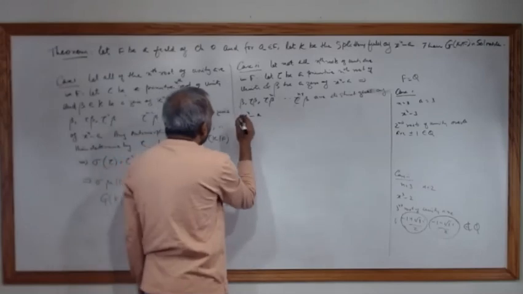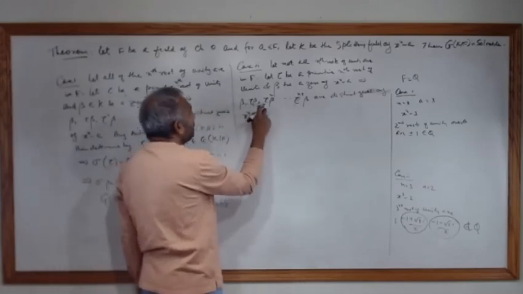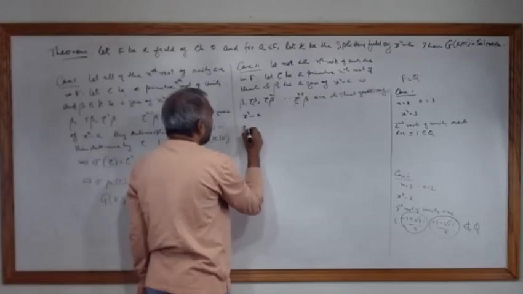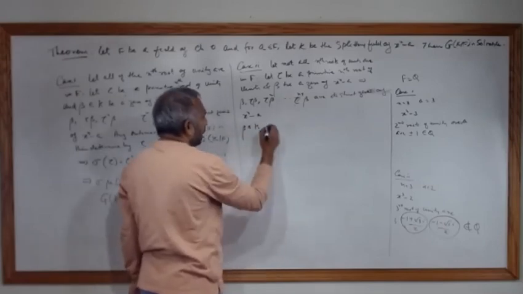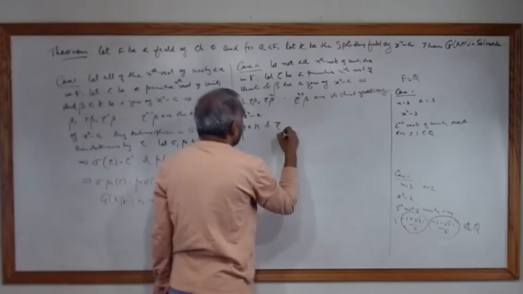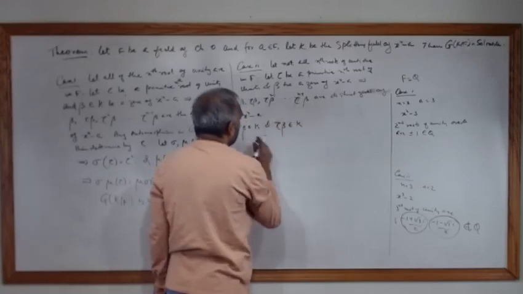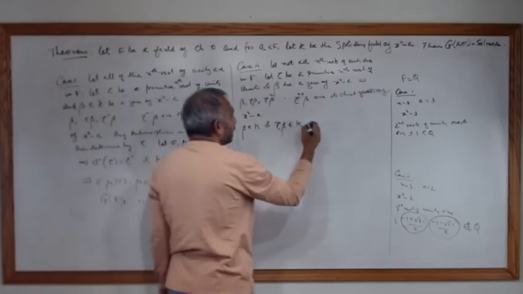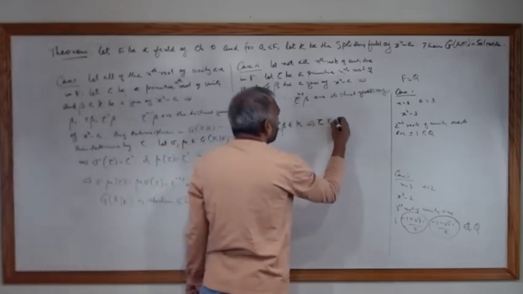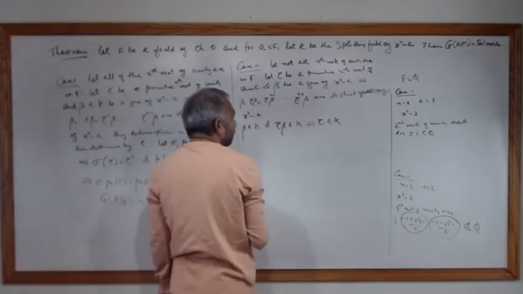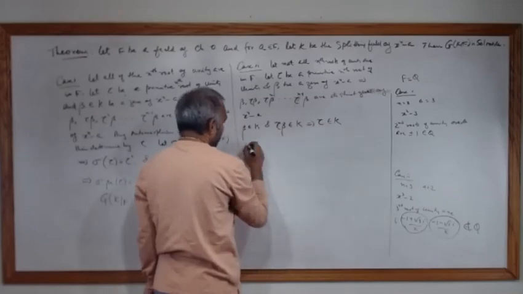Here, we don't know that zeta belongs to F, but beta belongs to K, and zeta beta belongs to K because K is the splitting field. That implies zeta belongs to K. So we can consider a simple extension F of zeta.